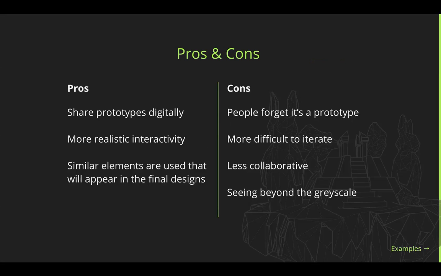It's more realistic and interactive than the paper prototyping since it is digital. And similar elements that you use can be reused in the final designs. So you kind of have the UI already going in the medium fidelity prototyping.